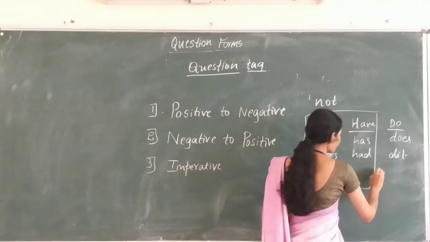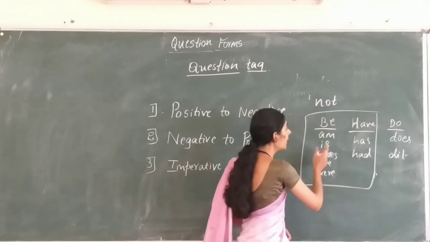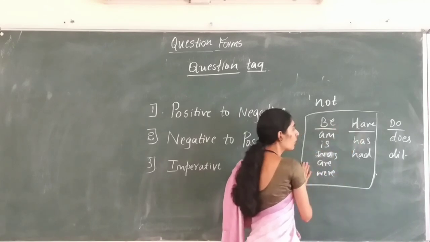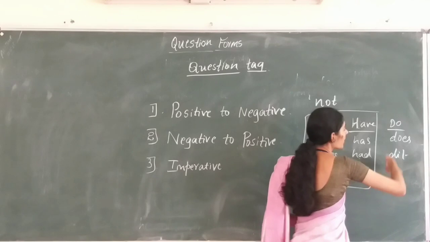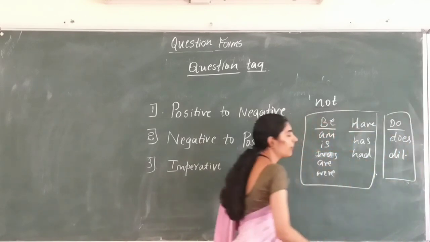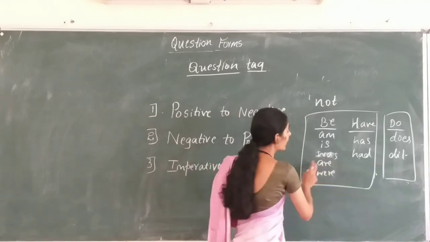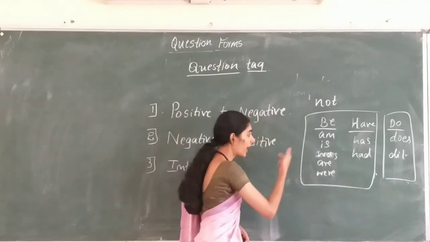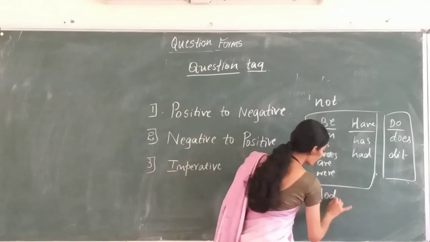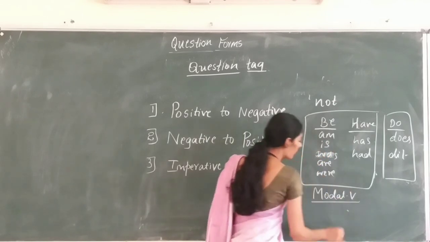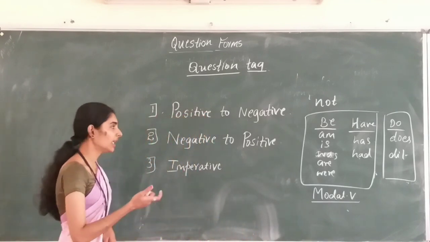Remember, we use do form verbs only when we don't find be and have form verbs in a sentence. Otherwise, we write the verbs which are given in the sentence itself. And we should also include modal verbs, which are will, could, should, shall, must, like that.